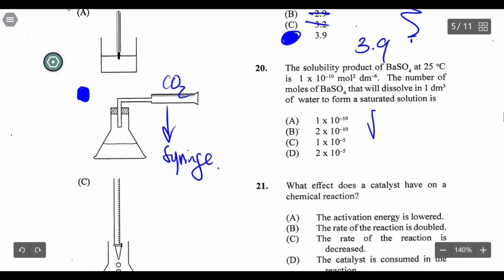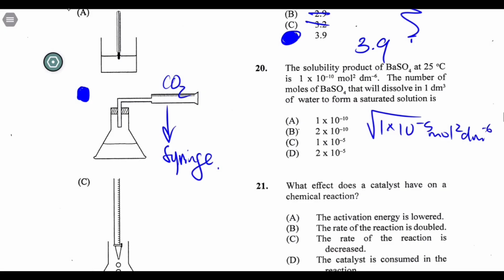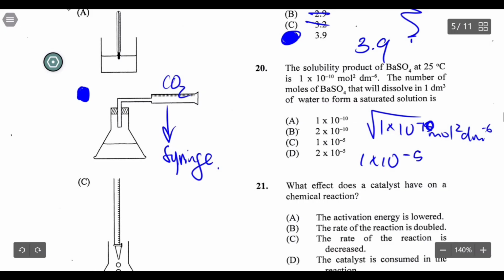What you want to do is just find the square root of 1 times 10 to the minus 10 moles squared per dm to the minus 6, and the square root of that would give you 1 times 10 to the minus 5 moles dissolved in 1 dm cube. Okay, so your answer for this is C.